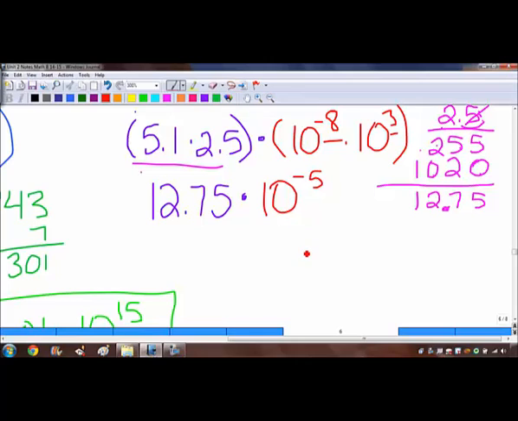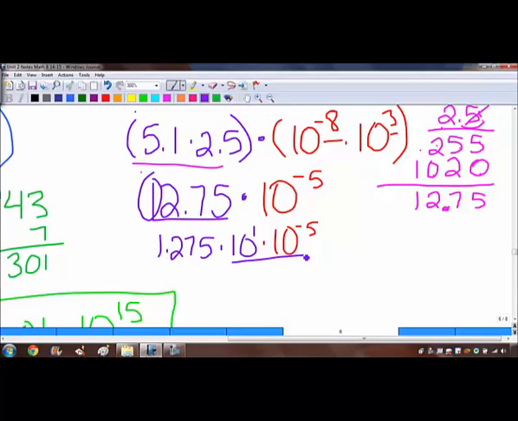But here's my issue. This number right here is not between 1 and 10, so I'm going to rewrite it. So this right here, this is the tens place, so I have 1.275 times 10, because it's the tens place, multiplied by 10 to the negative 5th power. Well, this number right here is 10 to the 1st power.